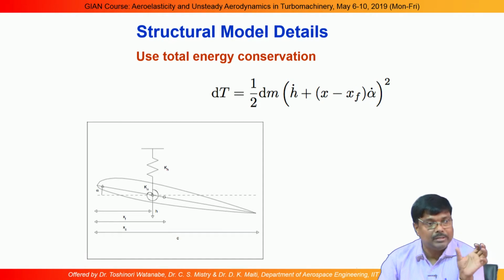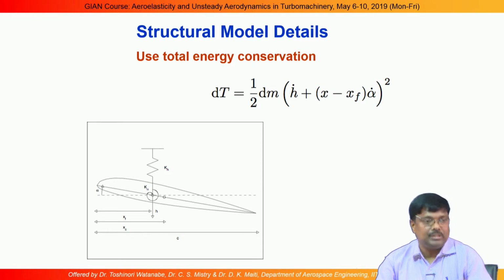Okay. Actually, it is the difference between the elastic axis and the inertia axis. X has not been defined here. X is basically the position of the CG.